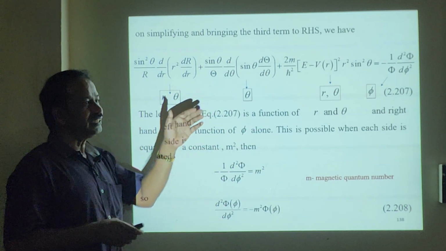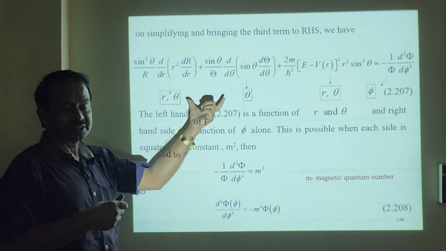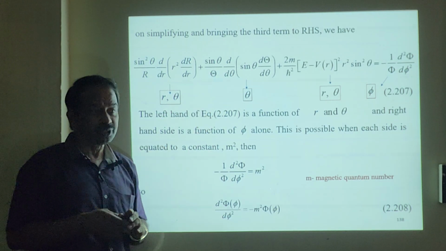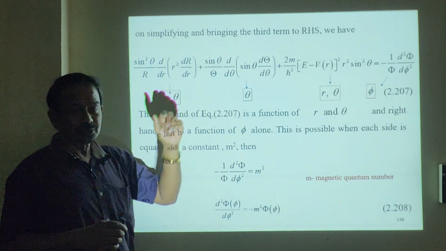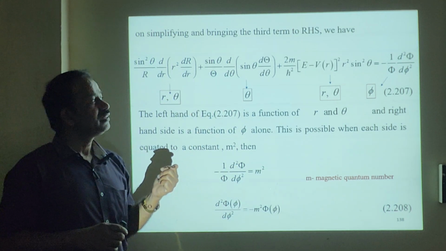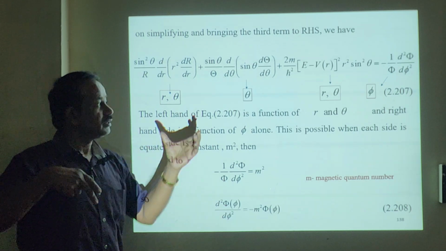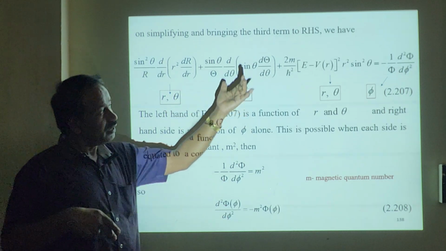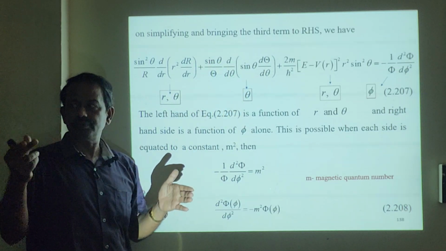Correct? So the left hand side depends on r comma theta, whereas the right hand side depends only on phi. So we have separated. If it is so, as we have already studied, then it must be equal to some constant. So this is r comma theta, that depends only on phi, like p1 v1 equal to p2 v2 equal to some constant.